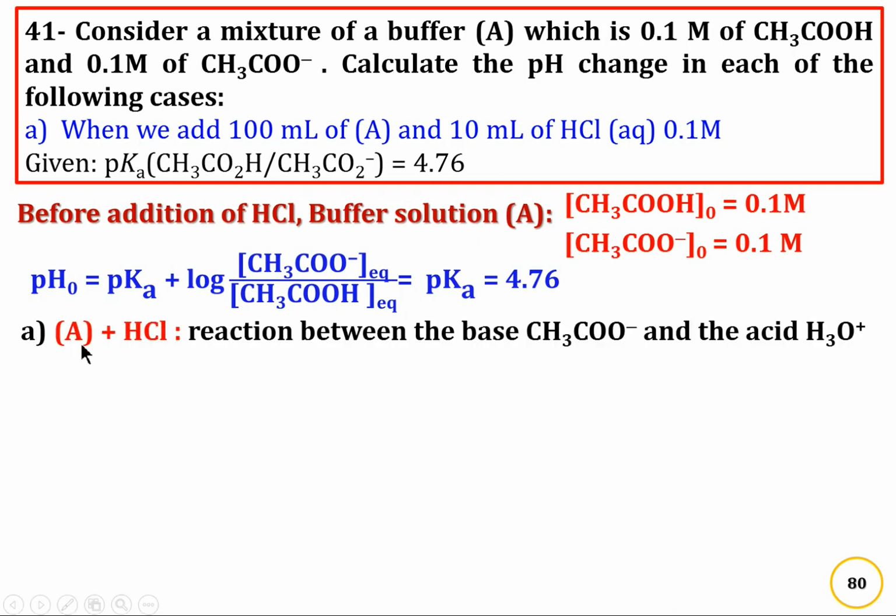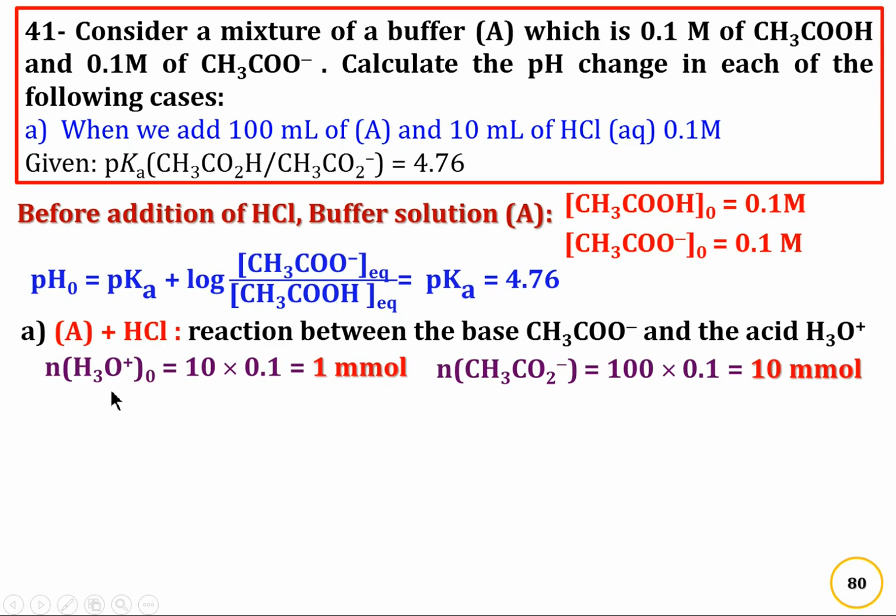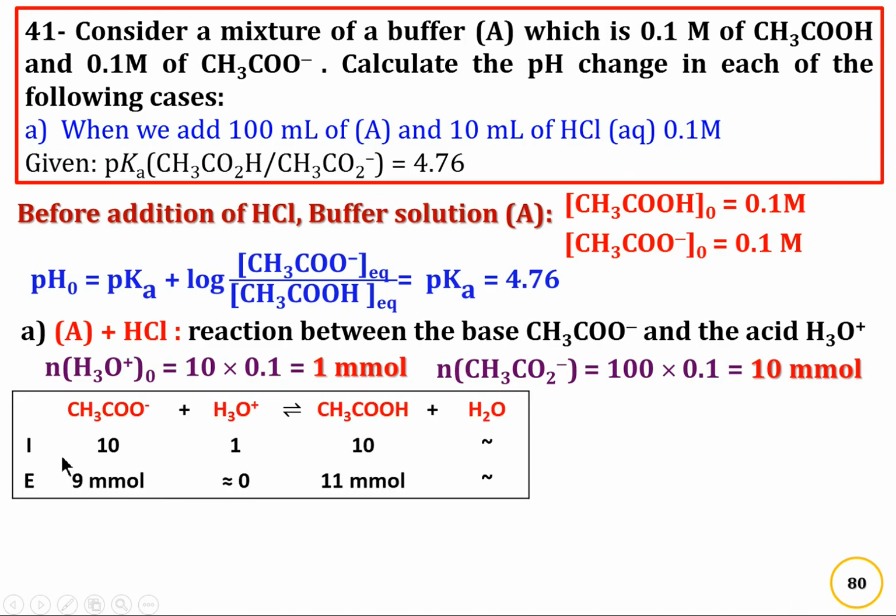When we add HCl to A, the acid will react with the base acetate. So the number of moles of H3O+ initially introduced is 1 millimole, and that of the acetate is equal to 10 millimoles. We write the reaction and the table of conversion.